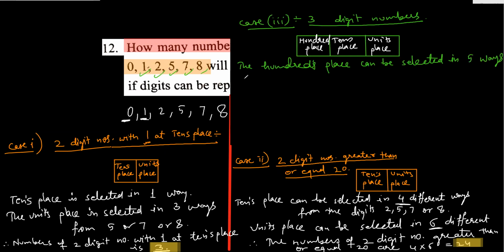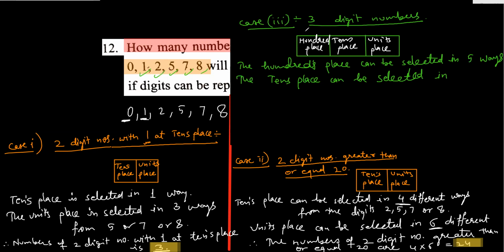After that we will have the tens place. The tens place can be selected in how many ways? Tell me, students.